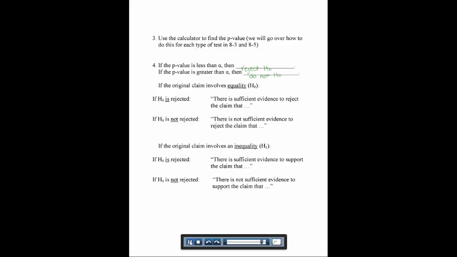If it's your alternate hypothesis and you rejected H0, then you would support your claim. So you rejected the other one, you support your claim. And if you did not reject your null hypothesis, then you do not support the claim. It is a little tricky to get all this wording down. There's a great flow diagram in the chart that comes with your book. But it does take a lot of practice and careful thought about what your original claim was and then what you did with the null hypothesis.